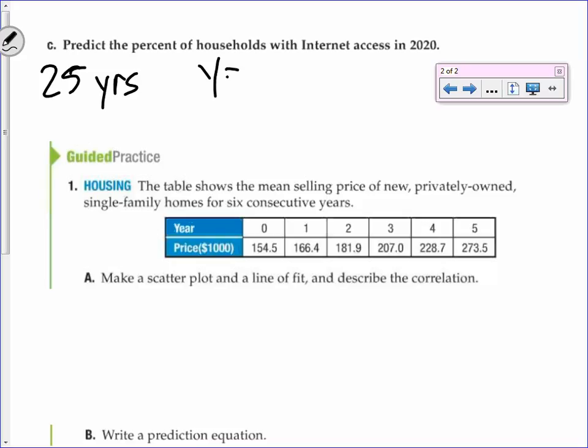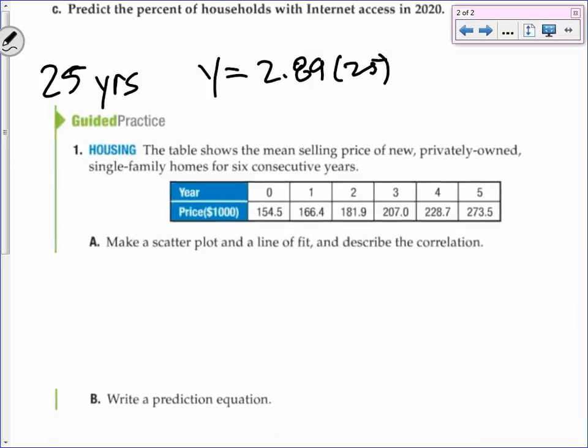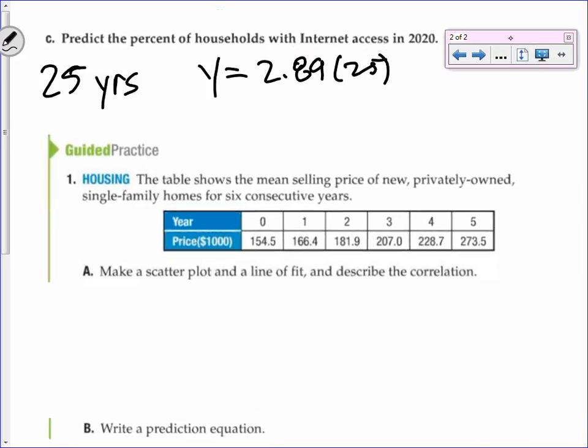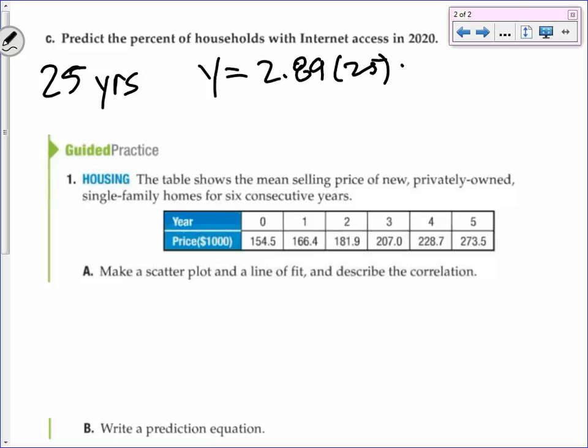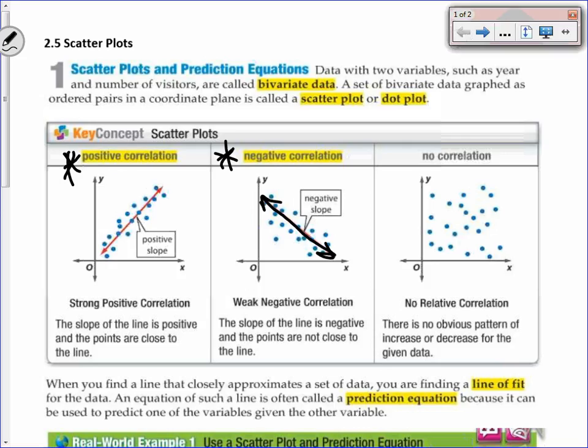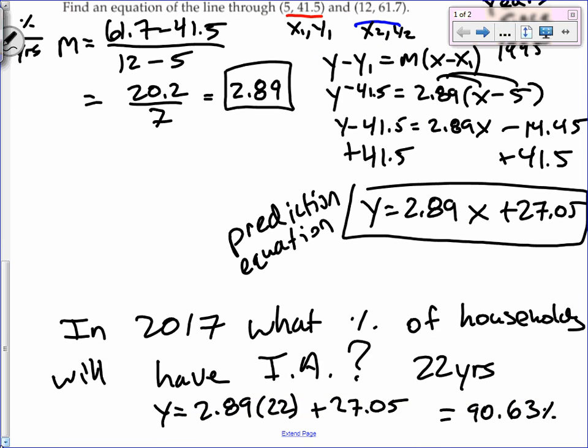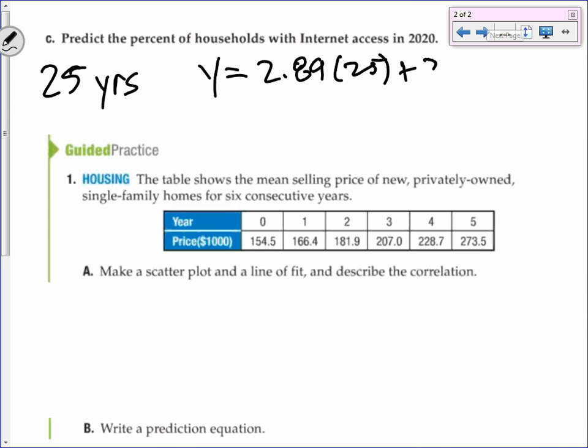That is y. So after you've paused and done this, we come back, we got y equals 2.89 is our slope. We're substituting 25 years. And we're adding, what was that number? That number was 27.05. 27.05 is our value.